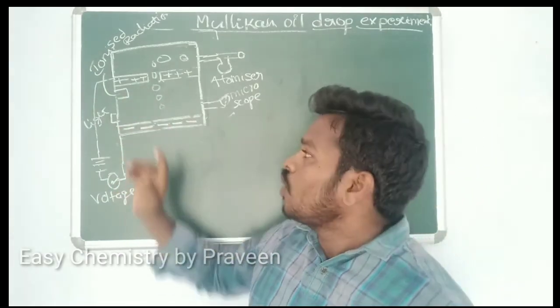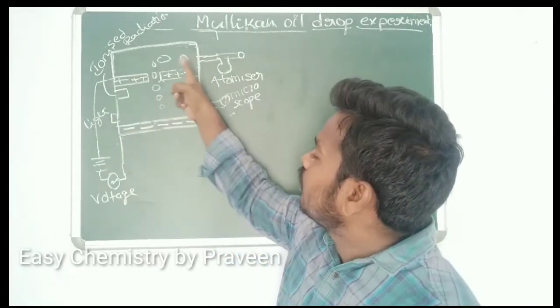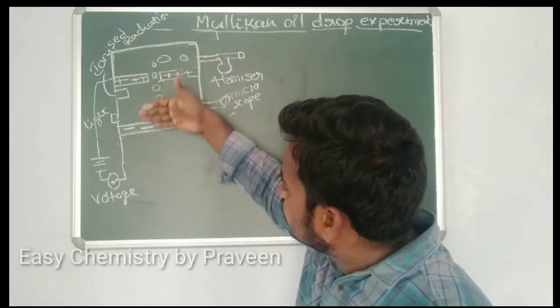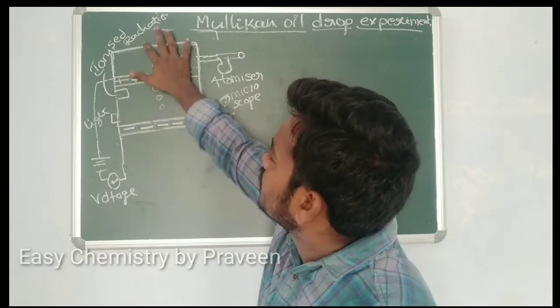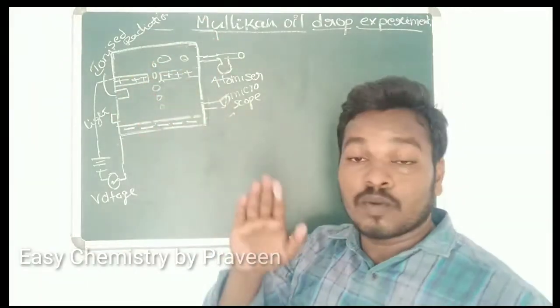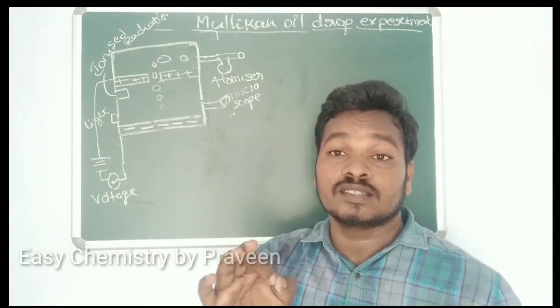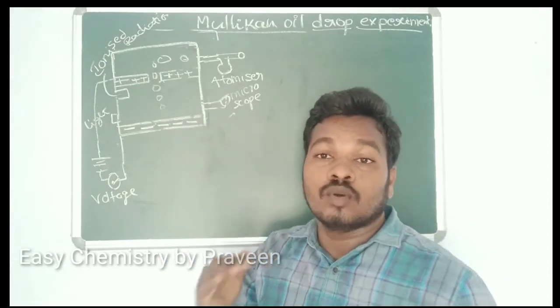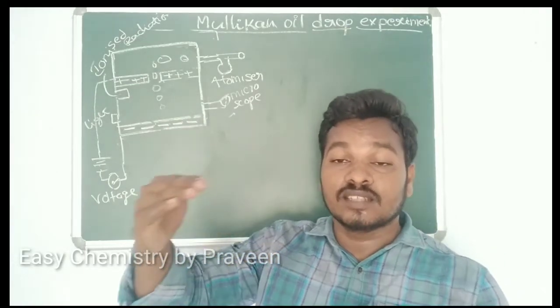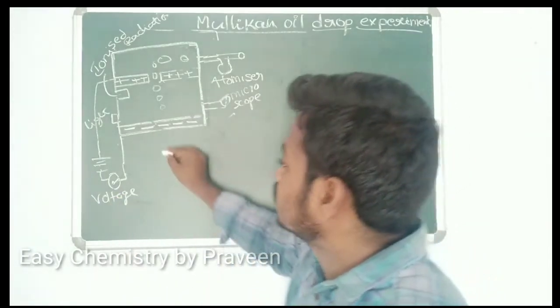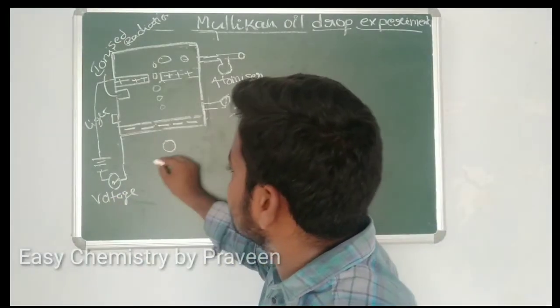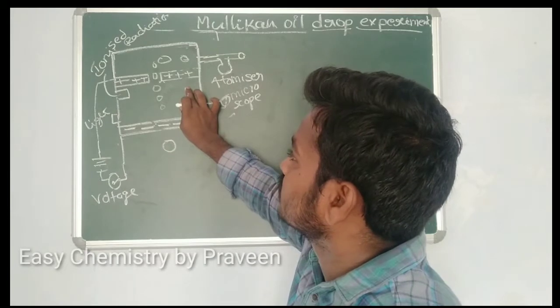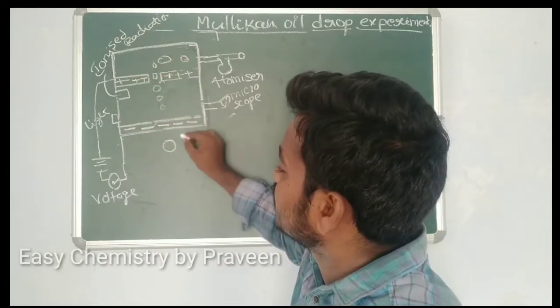While the oil droplets are falling, ionizing radiation is already present. The ionizing radiation ionizes the gas, the air inside the chamber, so the air releases electrons.